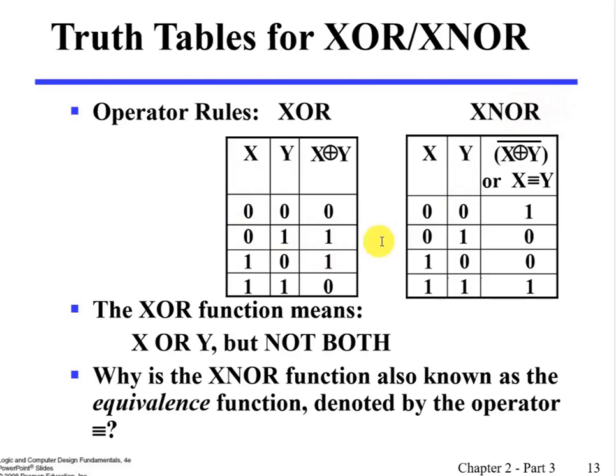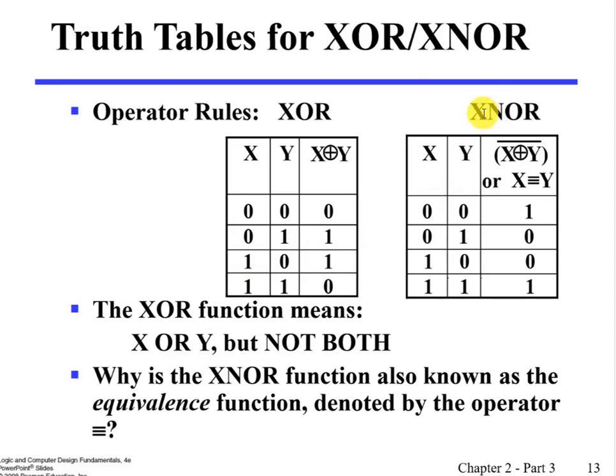Exclusive NOR is the inverse of exclusive OR: 0 0 gives 1, 0 1 gives 0, 1 0 gives 0, and 1 1 gives 1. From this truth table, we can see that exclusive OR means X or Y, but not both. One of them should be 1, but not both.